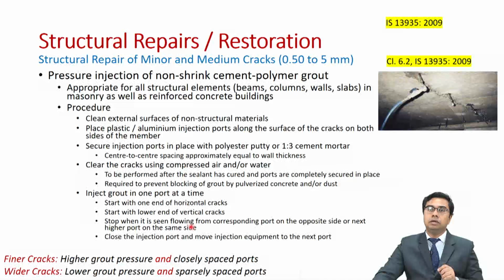Then we will stop injecting the grout, close the injection port, and move our injection equipment to the next port. So, that is how we will complete the pressure injection of non-shrink cement polymer grout and the structural repair of minor to medium cracks.